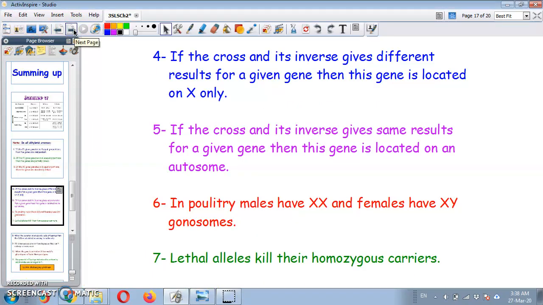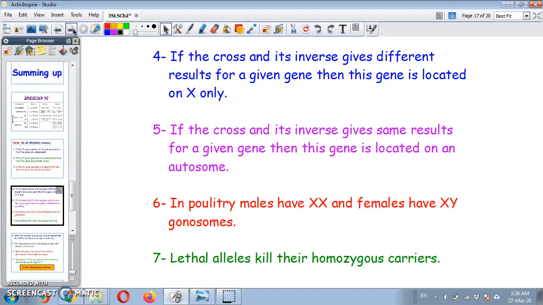Also, the other rules: the fourth, if the cross and its inverse give different results for a given gene, then this gene is located on the X chromosome. Fifth, if the cross and its inverse give the same results for a given gene, then this gene is located on an autosome.